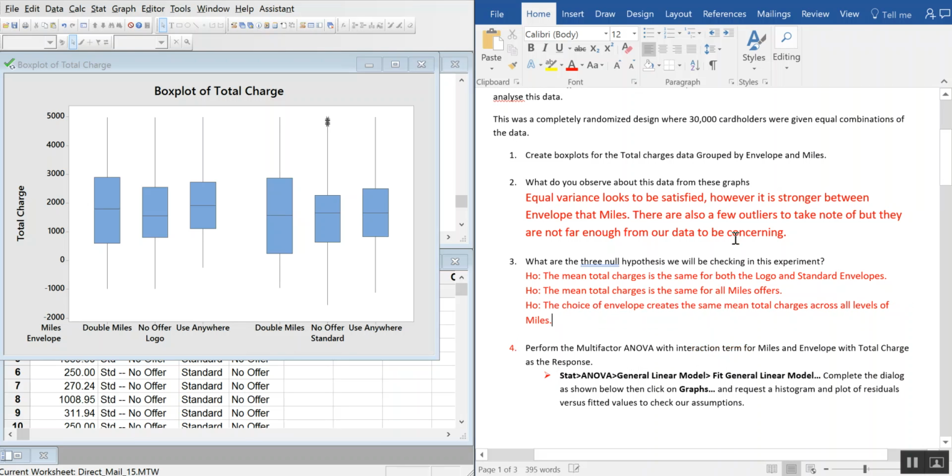So if you're following along, then I'm saying that envelope has no effect, miles has no effect, their interaction has no effect. So that's what the nulls are for this, and we're going to see all three.